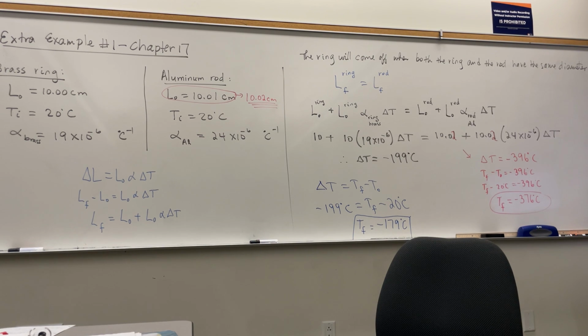I mean, if you have liquid nitrogen, which isn't expensive, that's 77 Kelvin, that's 196 degrees below zero. Minus 196 is actually lower than that. So just throw them both in liquid nitrogen, you get the ring off the rod.